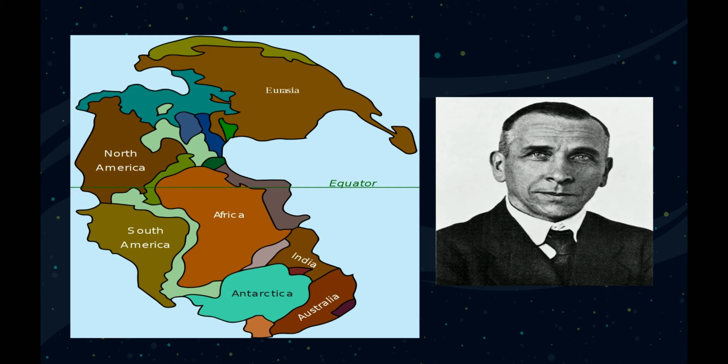Most scientists believe that millions of years ago there was a supercontinent called Pangaea, which in the Greek language means Old Earth. Alfred Wegener, a German meteorologist, proposed that the 7 continents acquired their present shape over a long geological period by slowly drifting apart from the supercontinent called Pangaea.